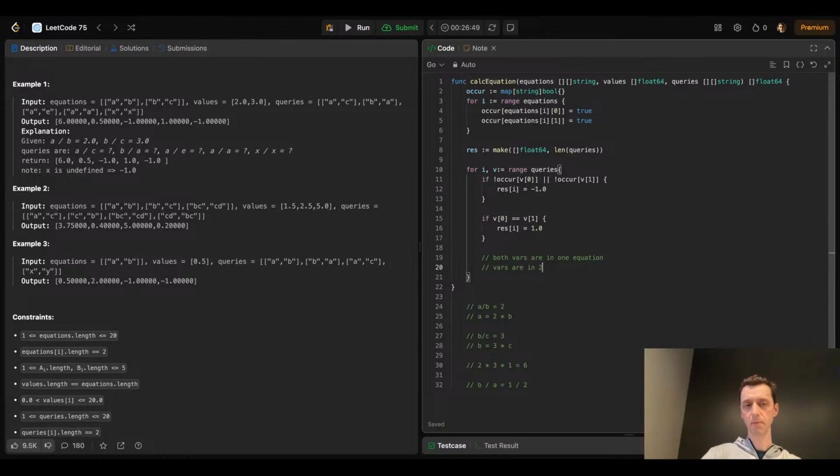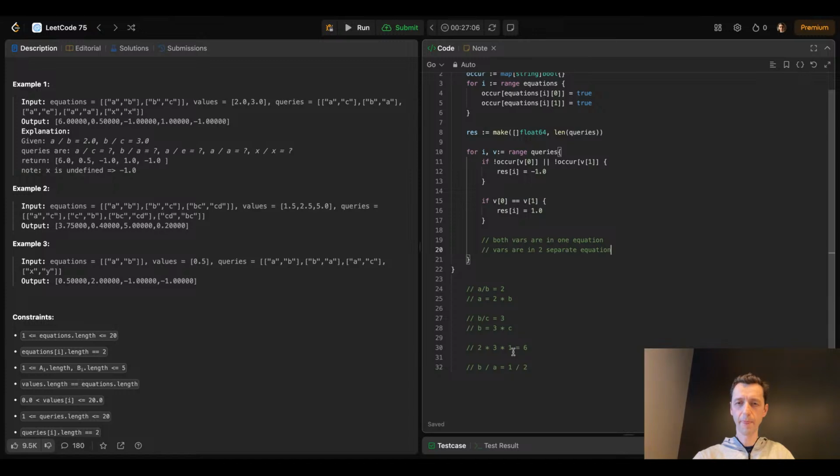There might be more, but do we need more? Like in this case, where we needed to know what A divided by C was.